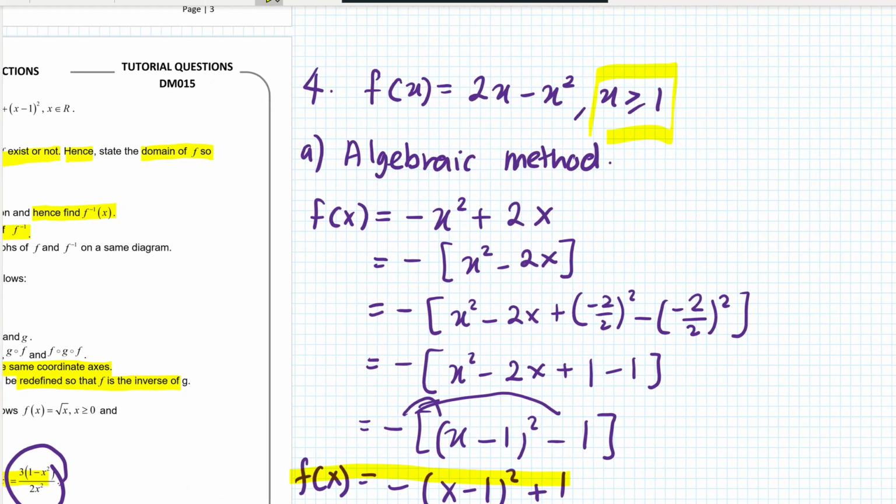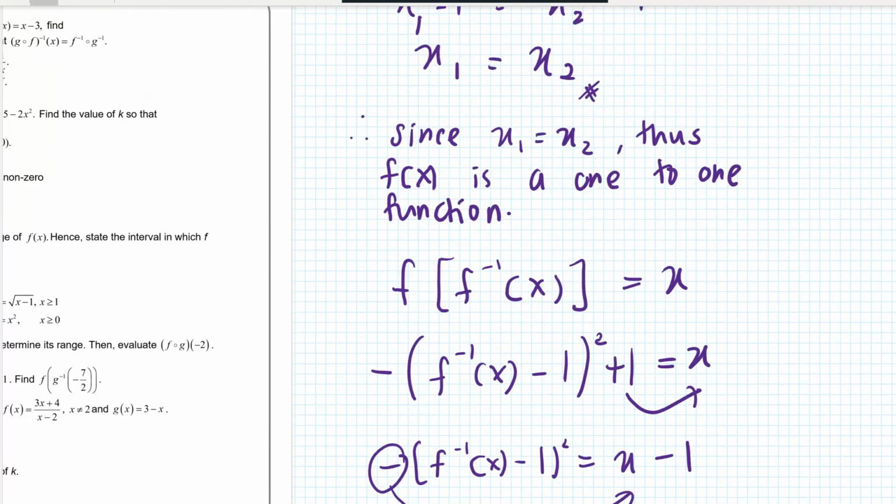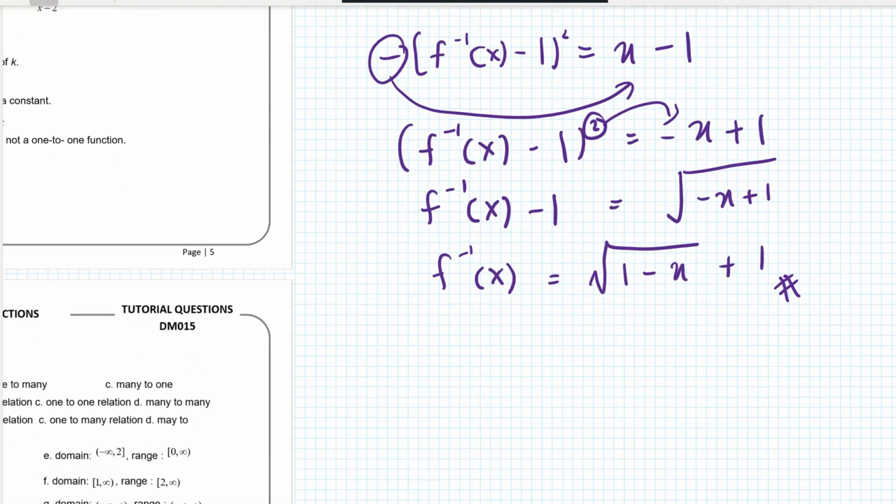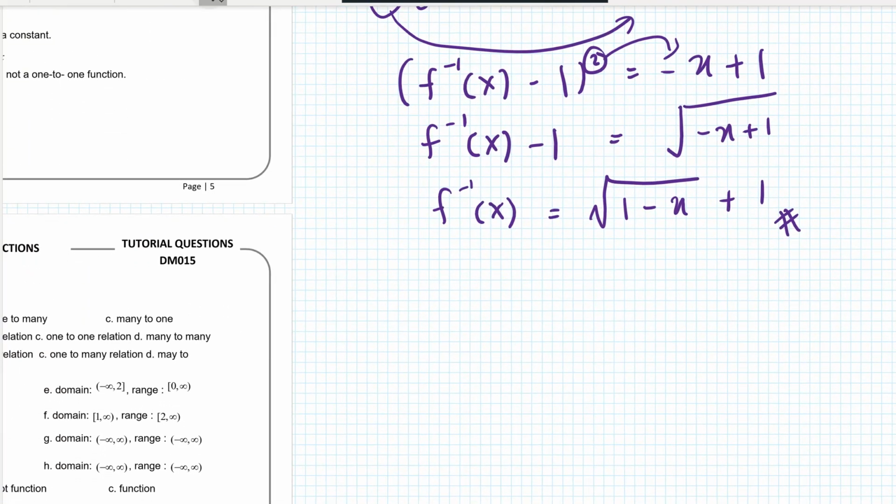We can sketch a graph. We have f inverse is equal to 1 plus the square root of 1 minus x.